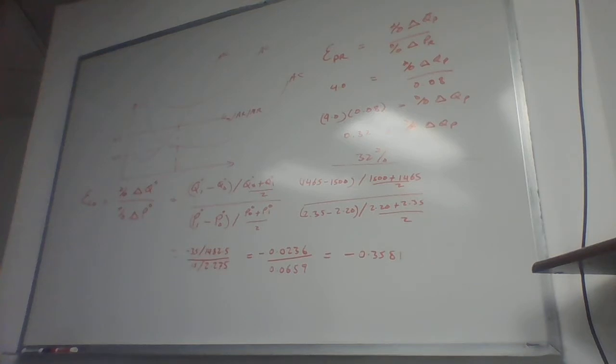Then 80 divided by 1.28 equals Q. What's 80 divided by 1.28? 62.5. So 62.5 equals Q.